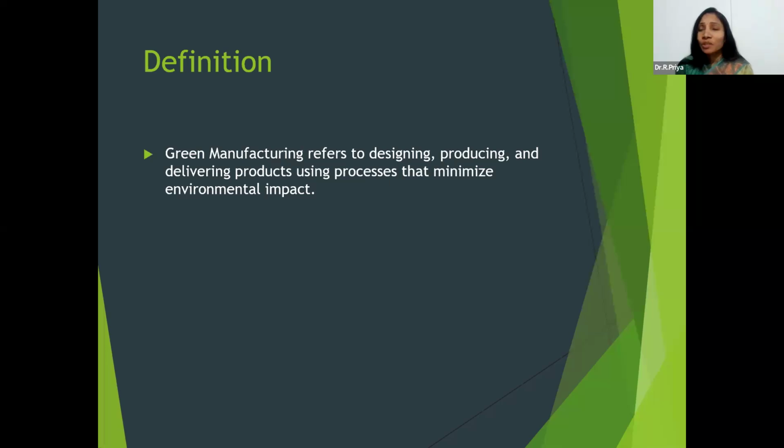From the engineering perspective, this means designing products that use less raw material and are easy to recycle, using energy efficient machines and renewable energy, reducing scrap, defects, and pollution, and reusing water, heat, and byproducts wherever possible.